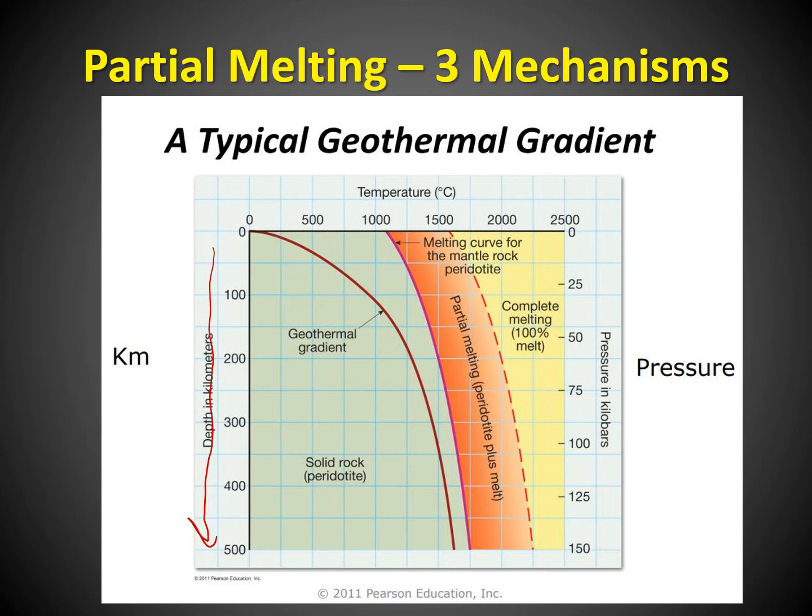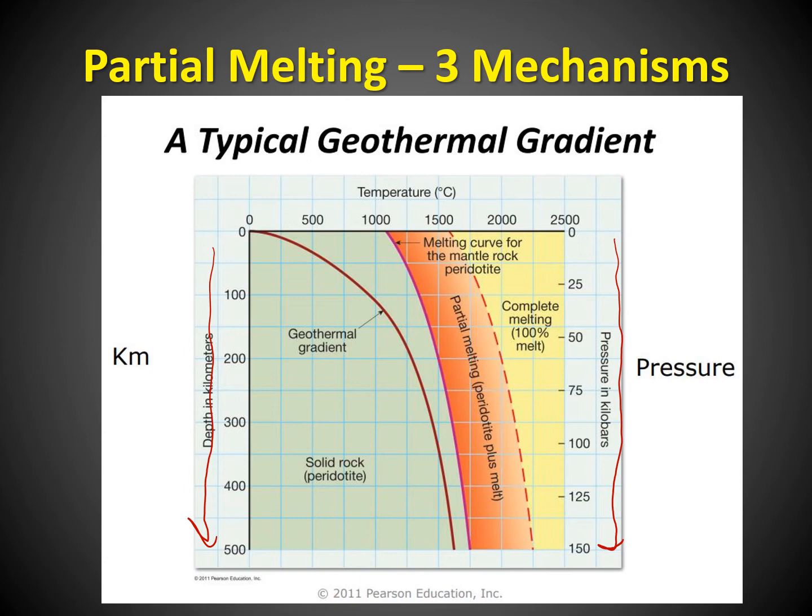Upper part of the mantle. And over on the right side here, you could also scale it as pressure, because pressure increases as you go down. So it's scaled in kilobars over there. I don't think in terms of kilobars. I just think in terms of depth. But your pressure is noted there as well.